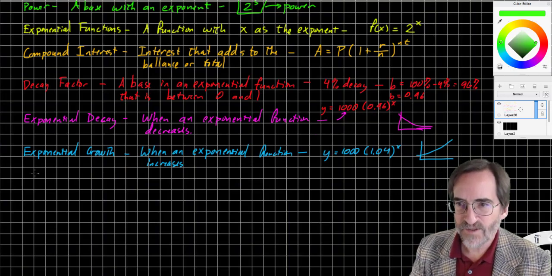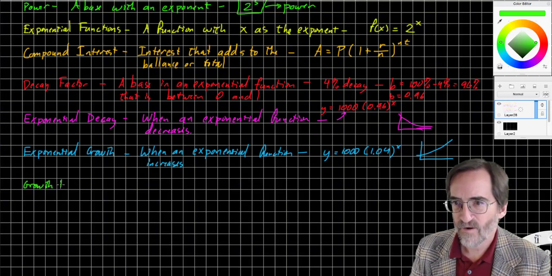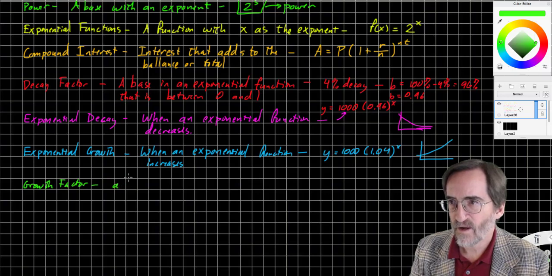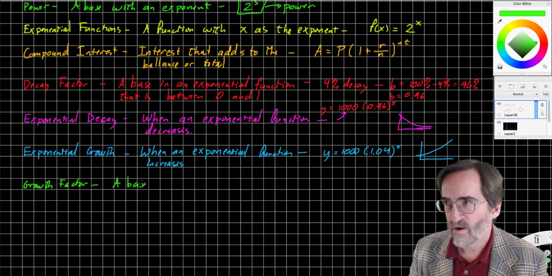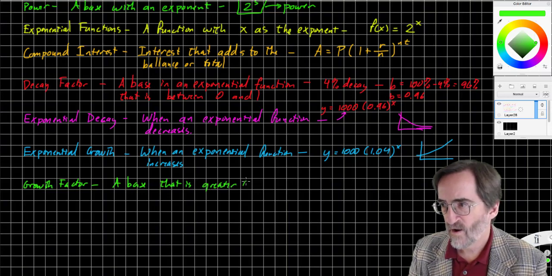And growth factor. A base that is greater than 1.